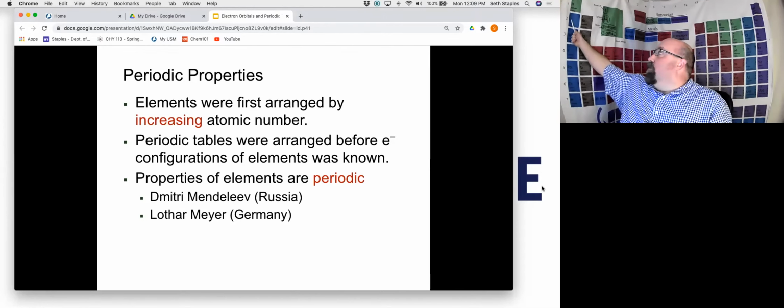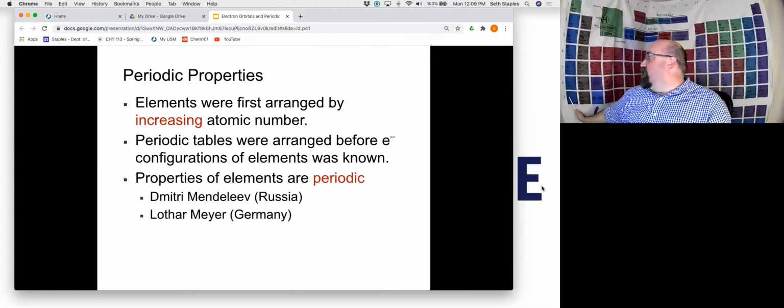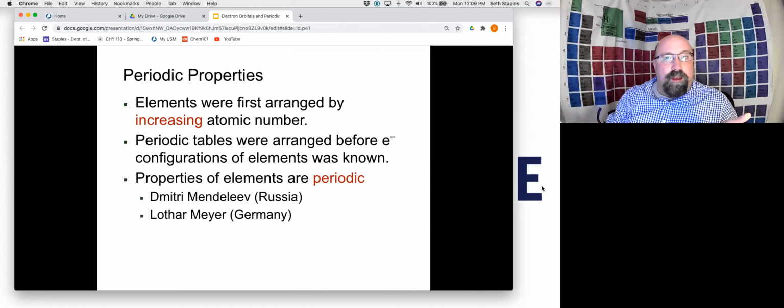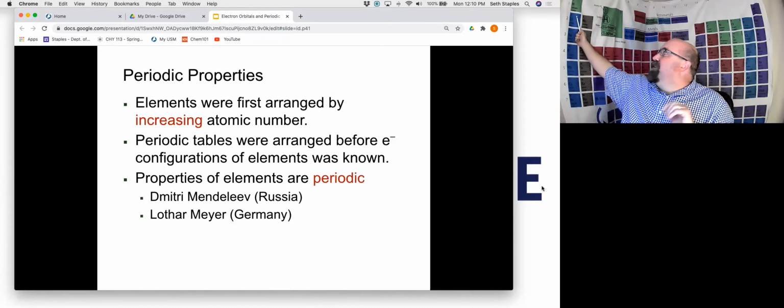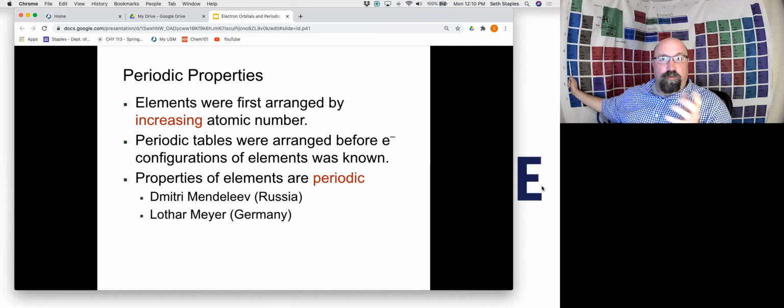It turns out, though, that if we think about the electron configurations of these elements, they all end with S1. But again, we set up the table, I say we, Dmitry Mendeleev and Lothar Meyer really did a lot of this work, before we knew about these electron configurations. It was just arranged in such a way that elements with similar properties ended up in the same column.